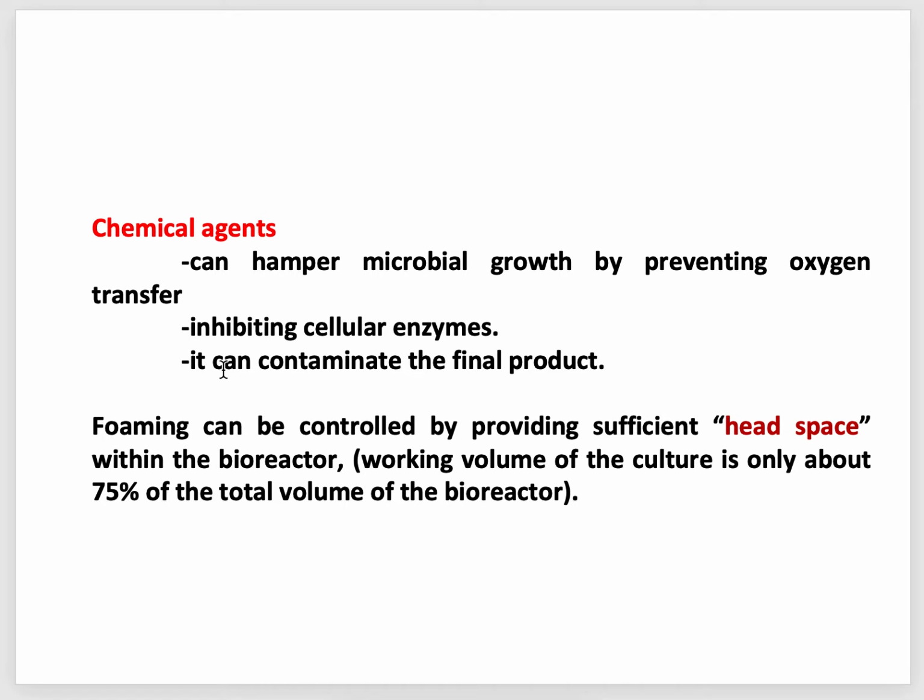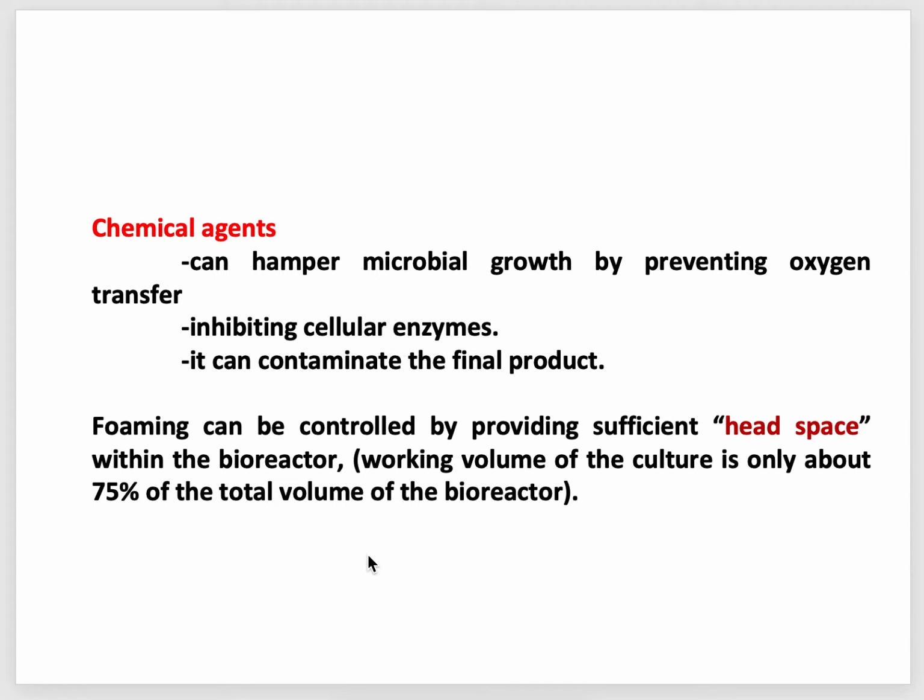However, foaming can also be controlled by providing sufficient head space, I mean empty space at the top of the bioreactor. Usually the working volume of culture is only about 75% of the total volume of the bioreactor. That means 25% head space, 25% empty space.